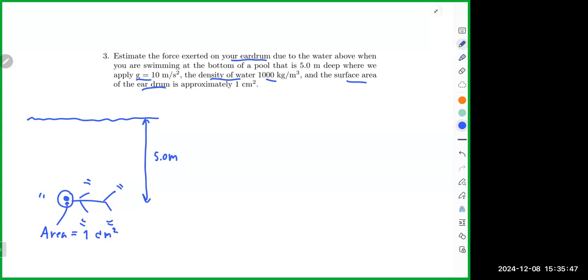Okay. Find the force. May the force be with you. F equals pressure times area. Because it is from the definition of pressure, which is the ratio between the force and the area. All you have to do is to calculate the pressure. Okay. Just the pressure.